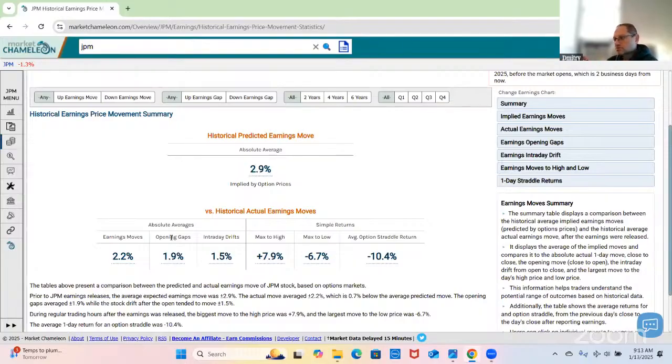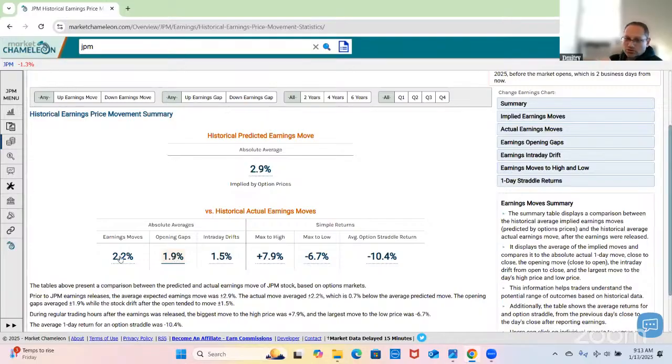On average, 1.9%, which if we compare the two, indicates that after waiting to the end of the day, the move tended to stretch out bigger, right? The gap didn't tend to close. The move tended to widen out from the open. So if it opened up or down, the move continued or got bigger from the open to the close.